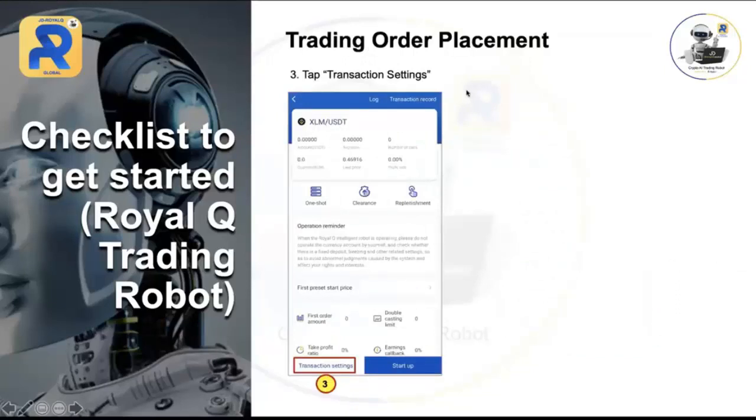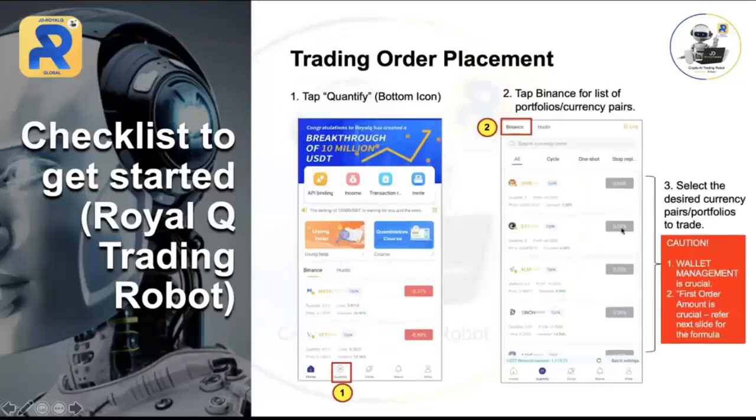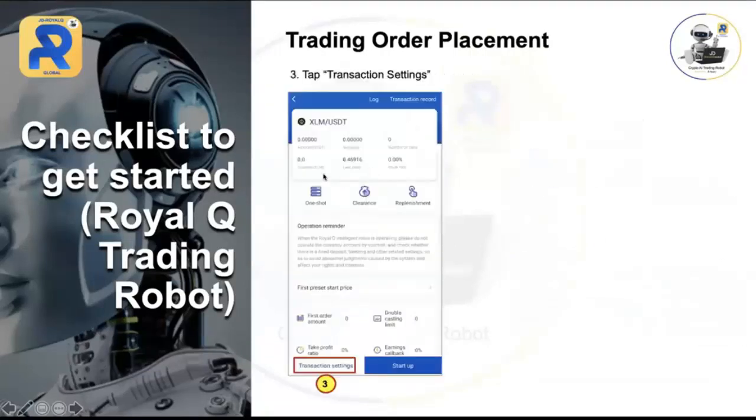Let's say, for example, I select one of these coins. It will then bring me to the next page. This is an example for the Monero XLM USDT pair. What you need to do now is click the transaction setting.